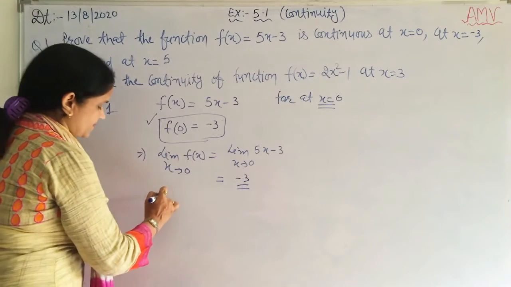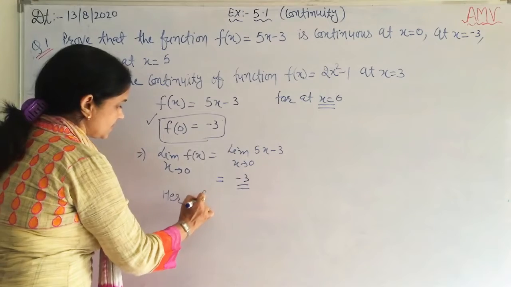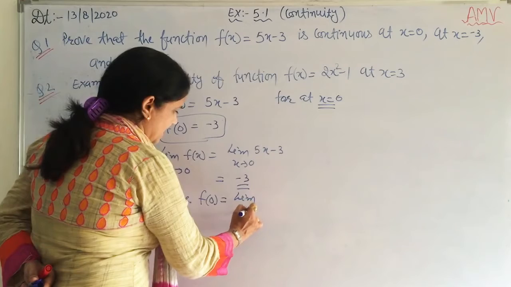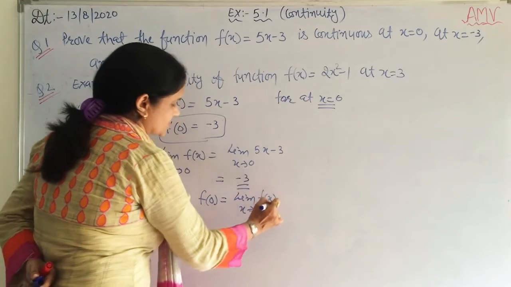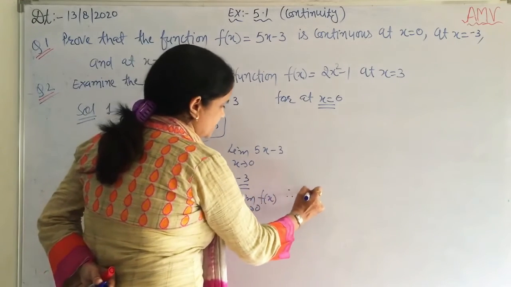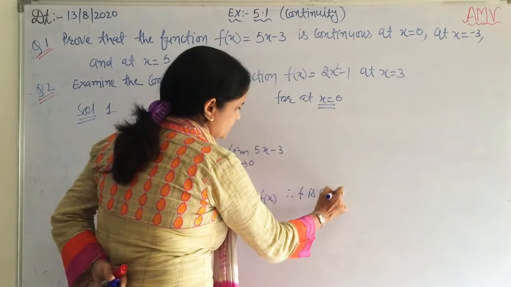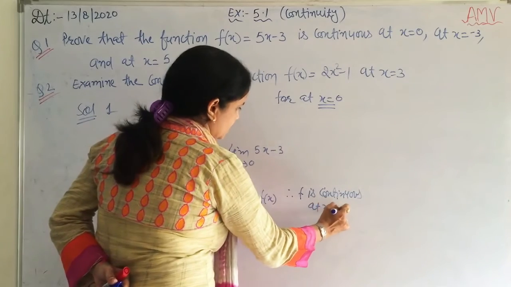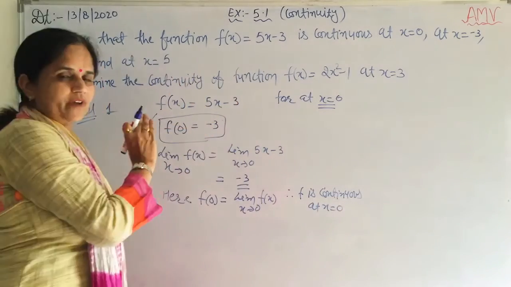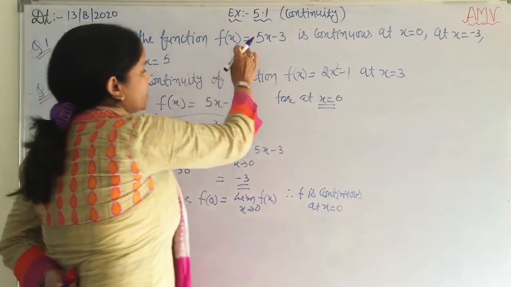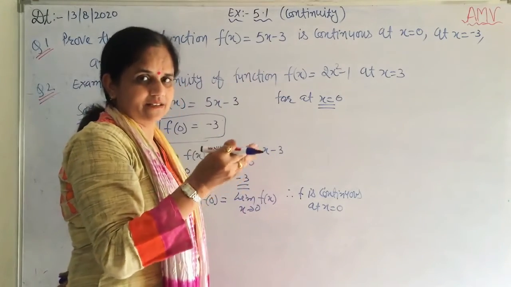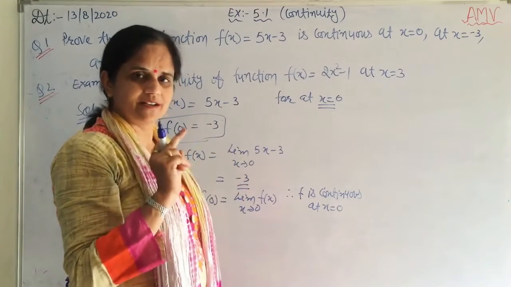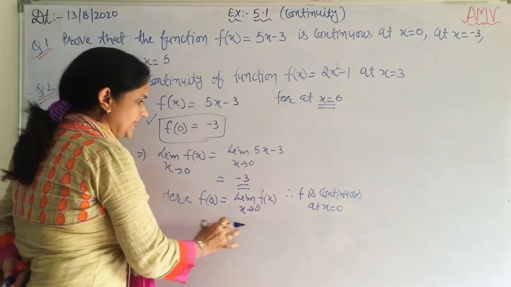You can write that f(0) is equal to the limit as x tends to 0 of f(x), therefore the function is continuous at x equal to 0. Whenever the function is given in inequality form, f(x) less than this or greater than this, then find the right hand limit and left hand limit, otherwise find only the limit.